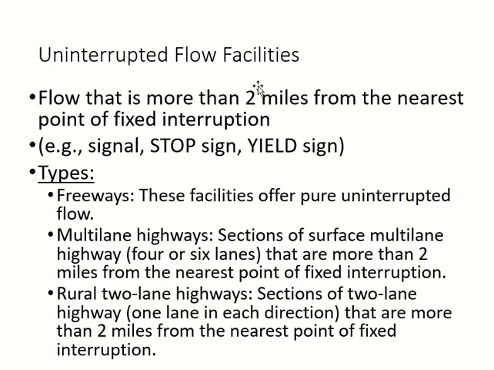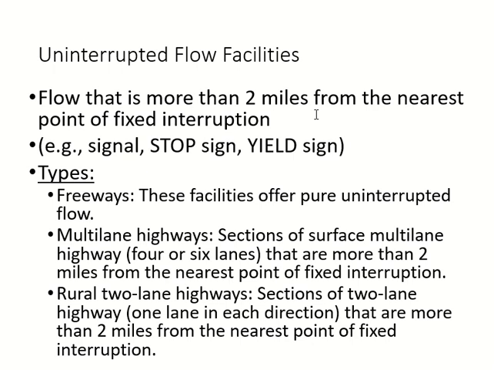How far? More than 2 miles. So if you have a highway which has intersection spacing more than 2 miles, that highway can be considered as an uninterrupted flow facility. Okay, and obviously the highways which don't have intersections are already considered as uninterrupted.